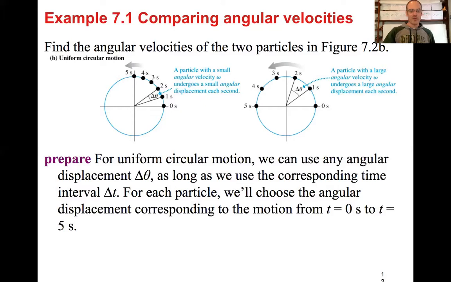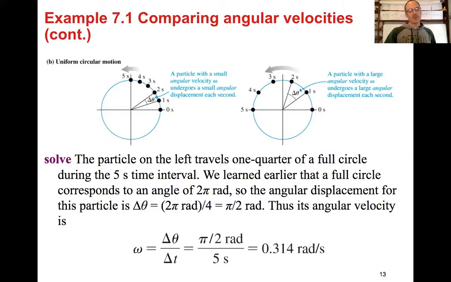So they are moving, we have the time frame in seconds. They're each moving for 5 seconds. So if we make a comparison between the particle on the left, we can see that it's moving pi over 2 radians for 5 seconds because it's moving a quarter of the circle.